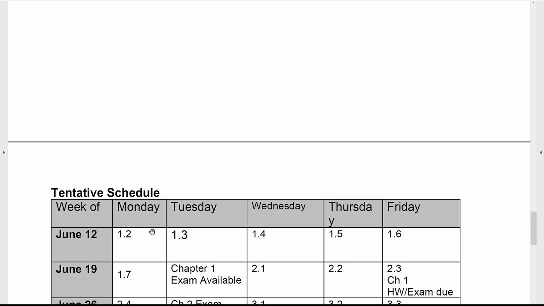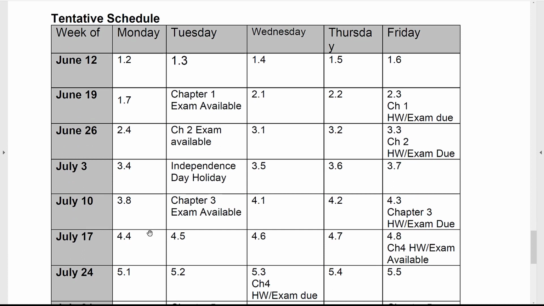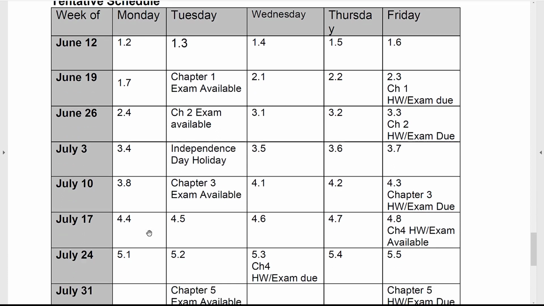Okay, and down here is a tentative schedule. As I said in the Canvas tour, all the due dates for homework and the exams are on the same date. So Chapter 1, homework and exam are due on that date. Chapter 2, due on that day. 3, 4, 5.